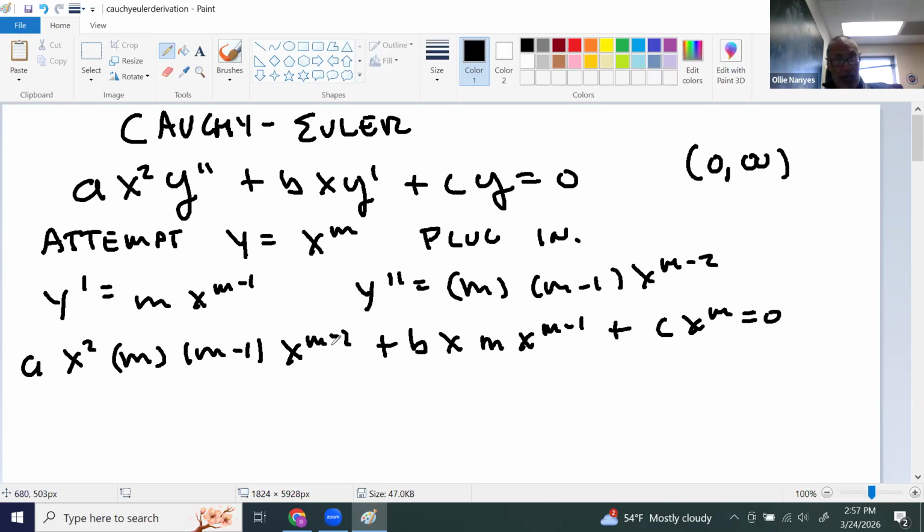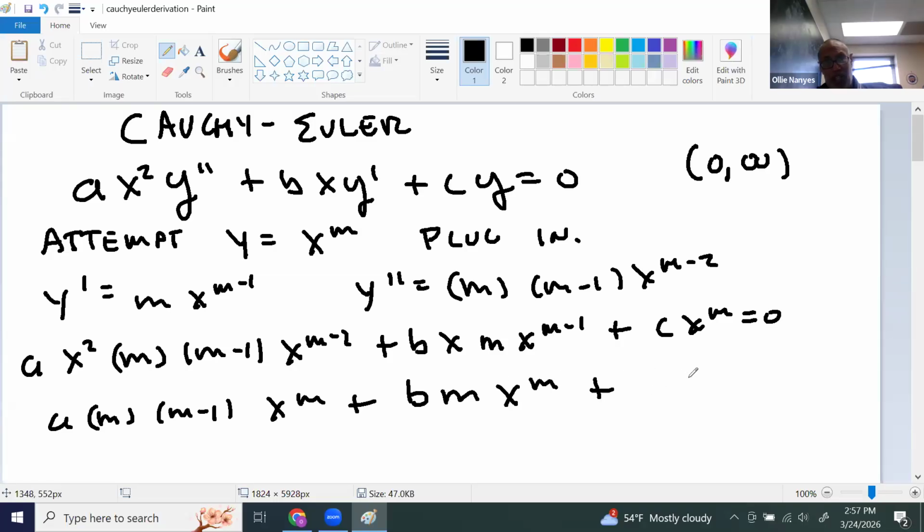If you multiply x squared times x to the m minus 2, we get this right here. And once again, you multiply x times x to the m minus 1, we get b m x to the m plus c x to the m.